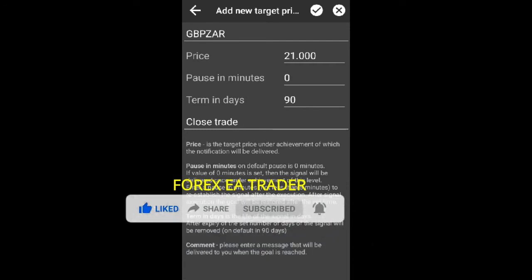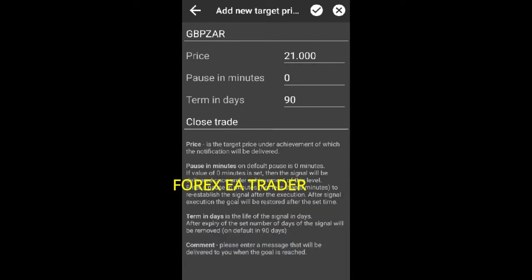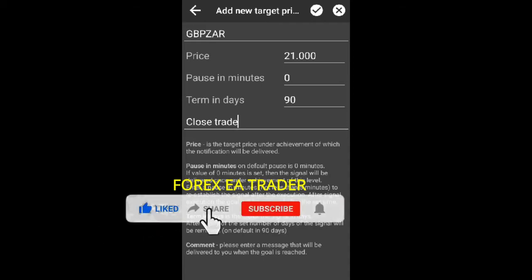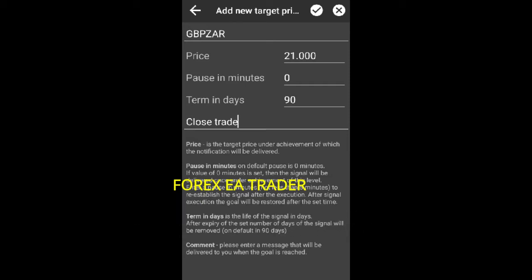So that is what's going to happen when the alert pops up. It's going to pop up time to close trade, and without wasting your time, you just rush into your MT4, MT5 and just hit close on that GBP trade.